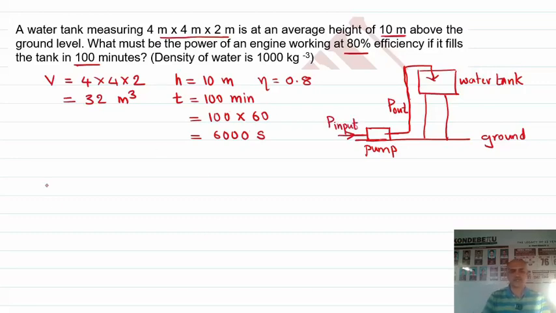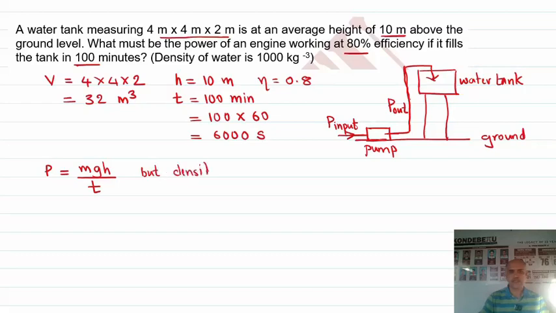So first, in the last problem, I had taken power is equal to energy by time. Energy is mgh, by t. Now here he has not given mass; indirectly he has given volume and density of water. So we know that density is equal to mass by volume.